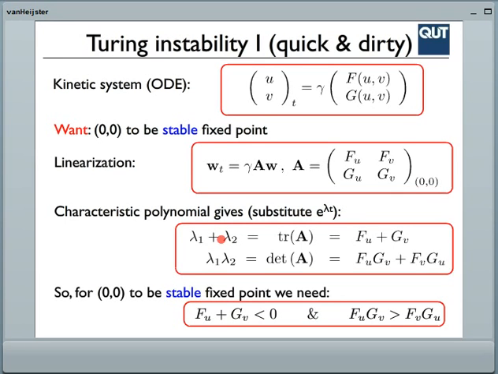These are the two conditions for Turing instability. We want 0, 0 to be a stable fixed point of the ODE. So the derivative of f with respect to u plus the derivative of g with respect to v should be negative. Well, their product should be bigger than f with respect to v times g with respect to u. These are the conditions under which 0 is a stable fixed point.